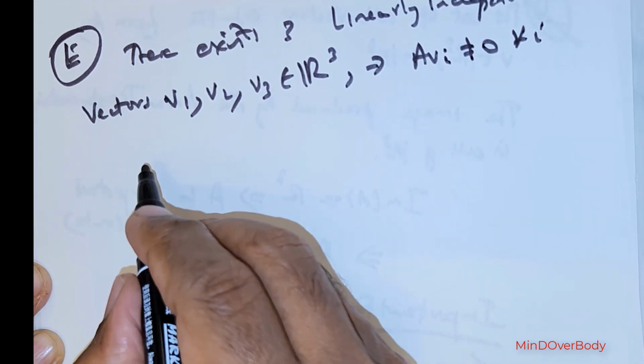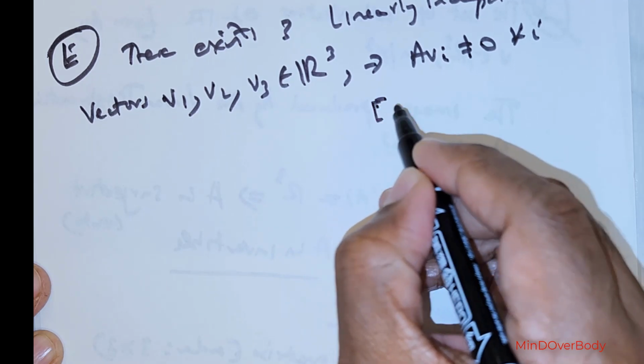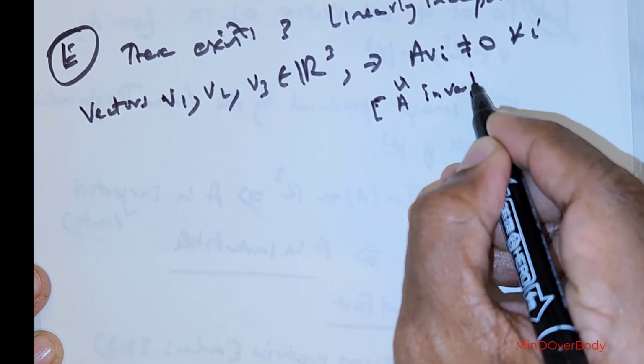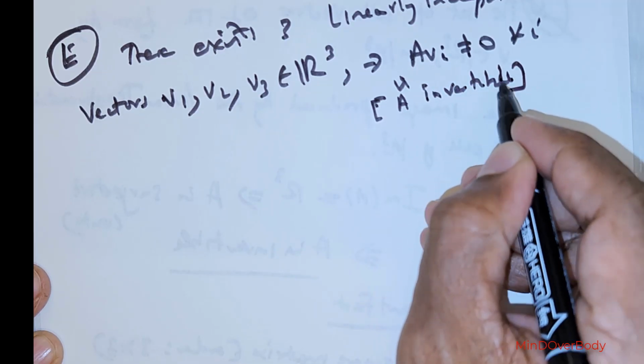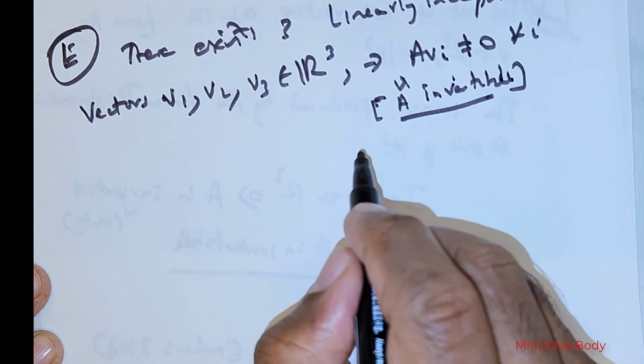Now what they're saying is if this condition holds good, the claim is A is invertible. We need to find that out.